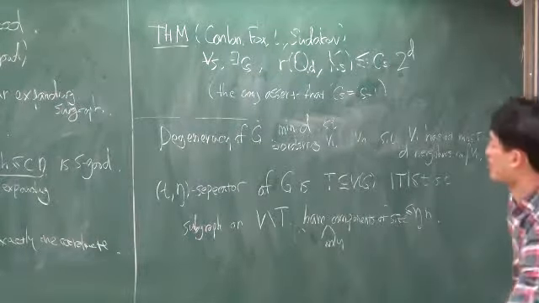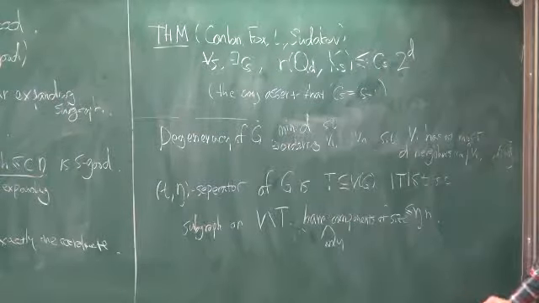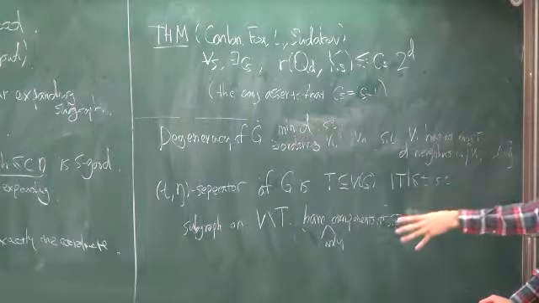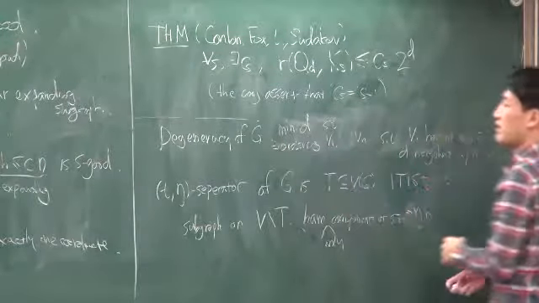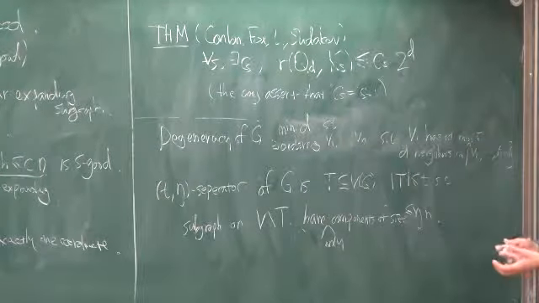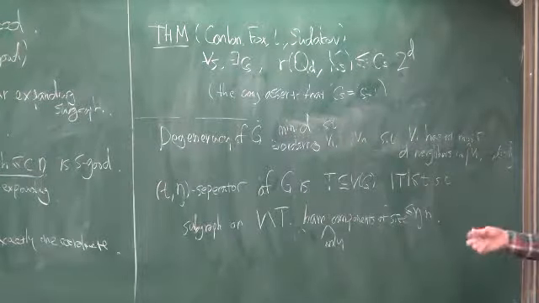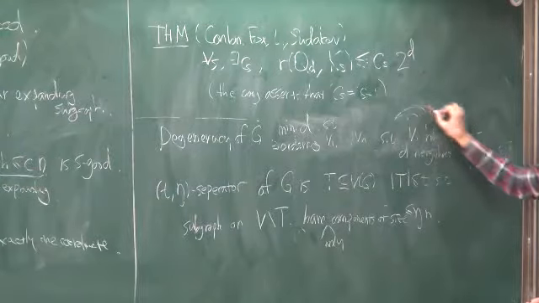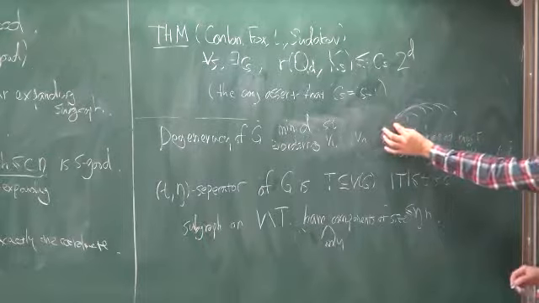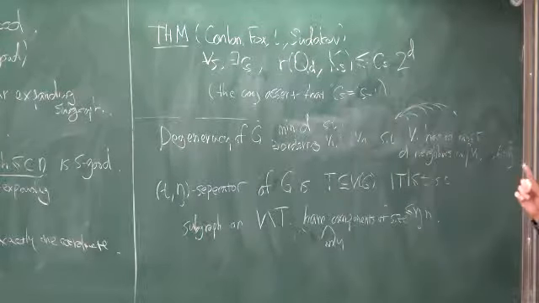Maybe this is more transparent. So it relaxes the max degree condition. If we have max degree delta, then the degeneracy is at most delta. But if we have degeneracy delta, we can still have max degree huge. If you have a star, for example, then the max degree is n, but the degeneracy is just 1.